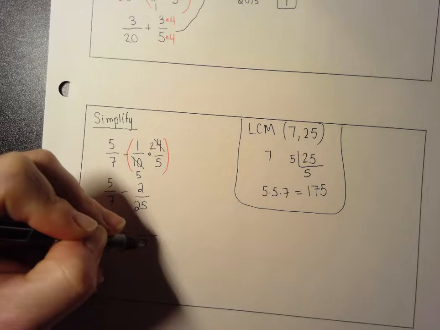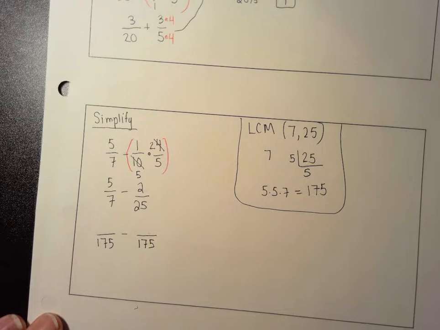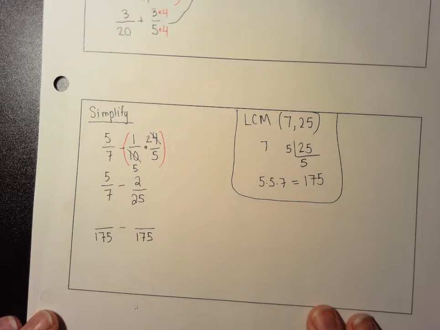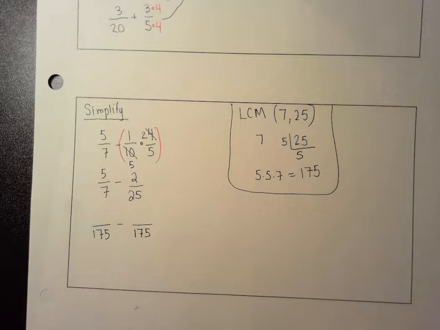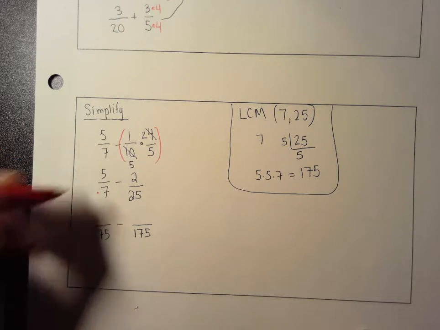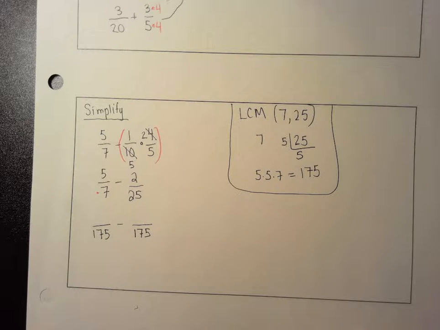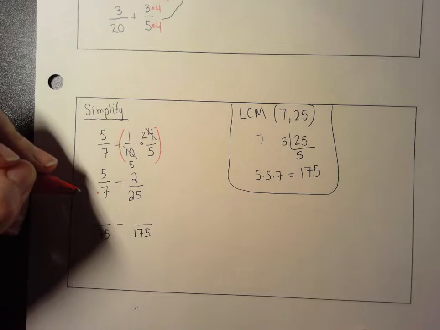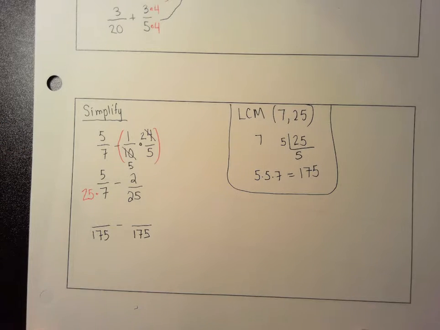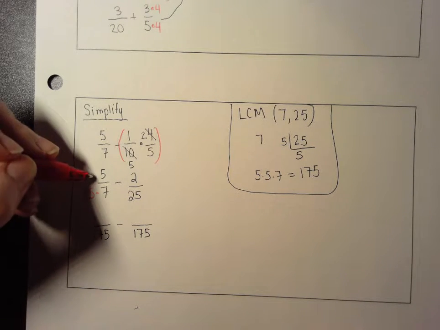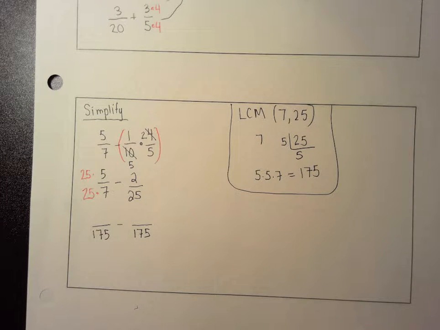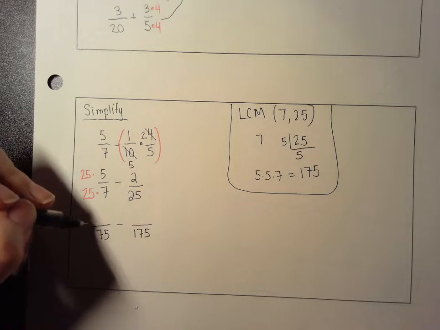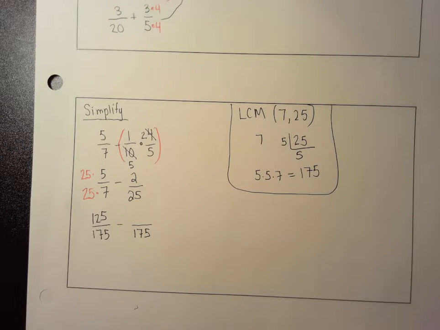First, I have to change the fractions into equivalent fractions with a denominator of 175. So the first one, what does 7 have to be multiplied by in order to make 175? 7 has to be multiplied by 25. And that means I have to also multiply the top by 25. So I would have 5 times 25, which is 125. That will be my new numerator.